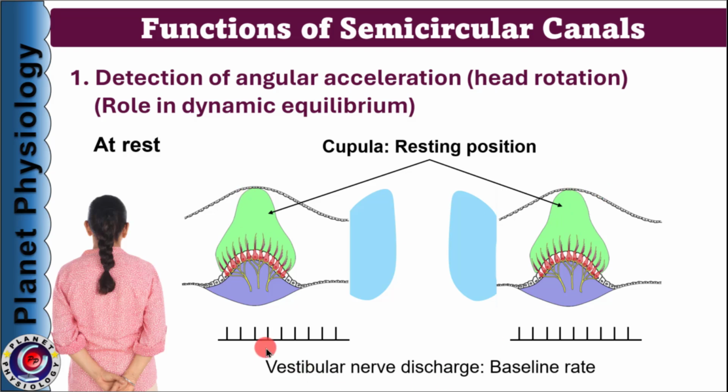In this state, the vestibular nerves fire at a baseline rate which is about 100 impulses per second as shown in this image. Because the three canals are oriented in three different planes, rotation of head in any direction is immediately detected by one of the pairs of the semicircular canals.